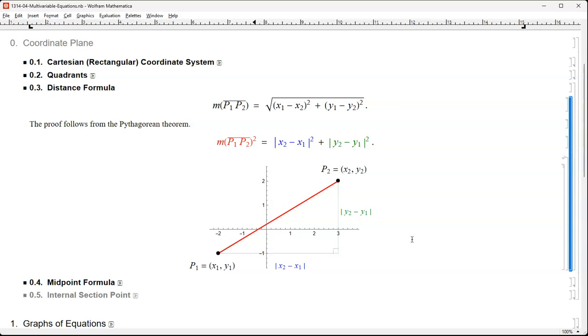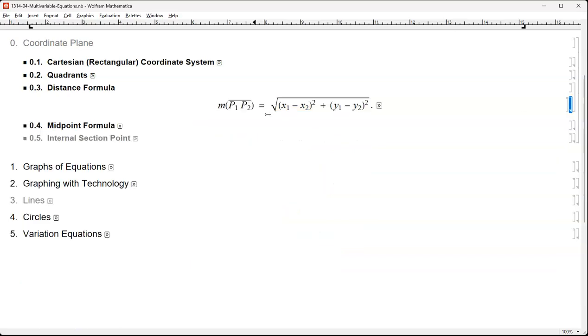And horizontal is the difference of the x coordinates, and vertical is the difference of the y coordinates. So horizontal squared plus vertical squared is hypotenuse squared by the Pythagorean theorem. And then if you take the square root, you get the distance formula. We're taking squares, so (x2 minus x1) squared or (x1 minus x2) squared makes no difference. Same goes for the y coordinate as well.